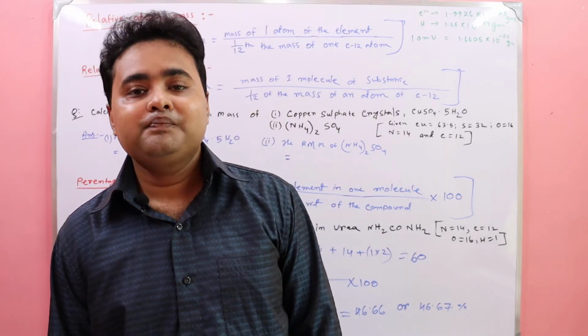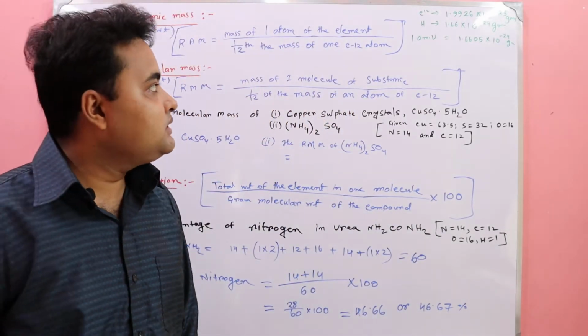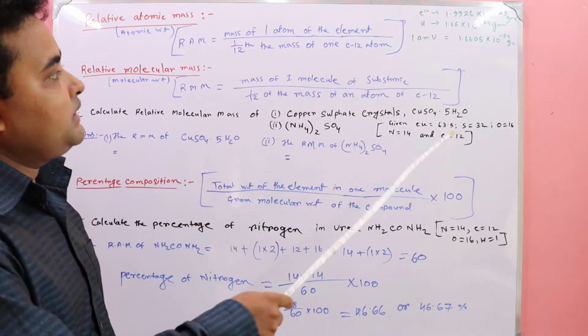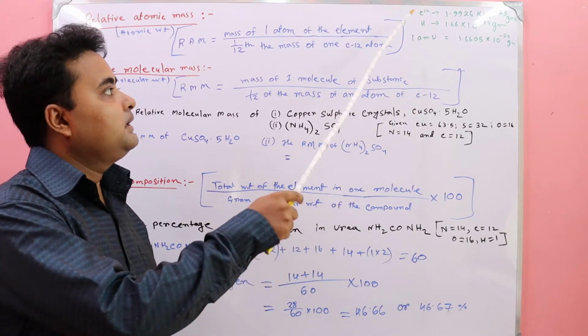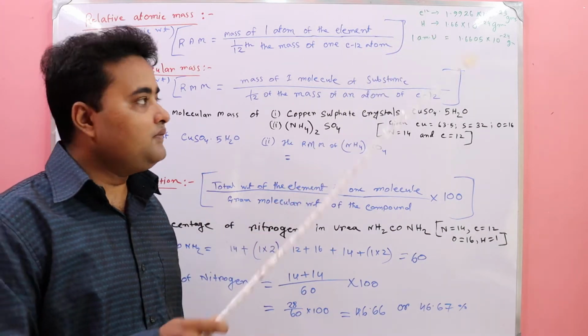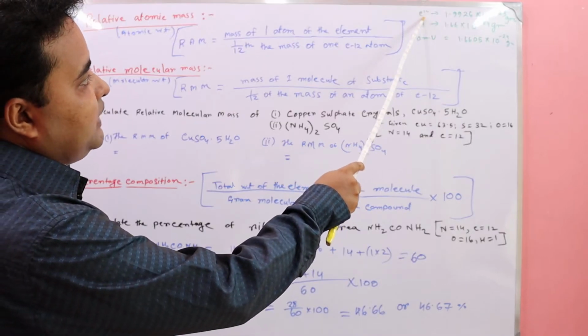But later, due to some problems, in 1961 a process appeared on the basis of the C12 atom.